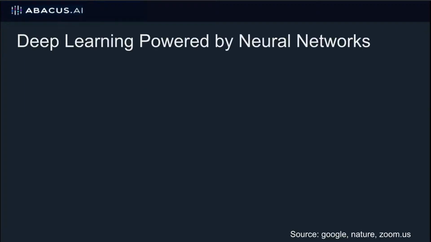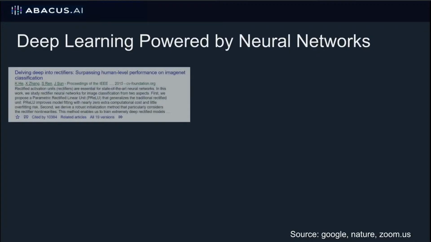In the past few years, we saw an exponential growth of the power of deep learning. And deep learning is powered by neural networks. In 2015, a group of neural network models called ResNet officially beat humans in the ImageNet Large-Scale Visual Recognition Challenge.